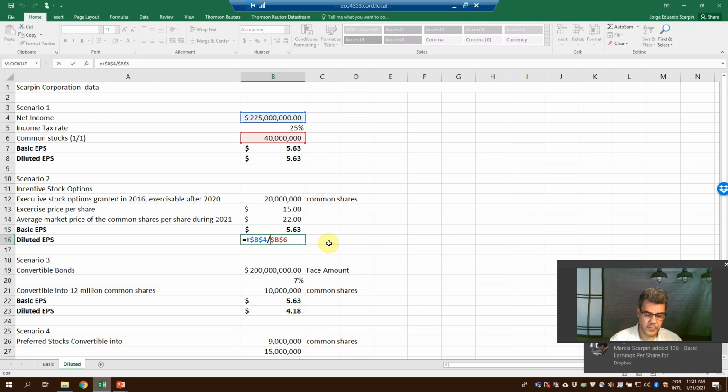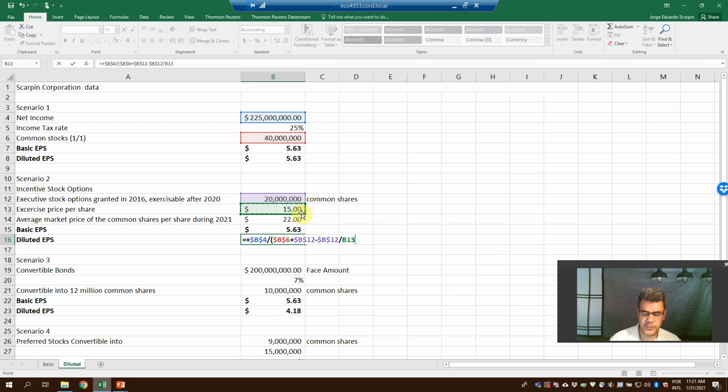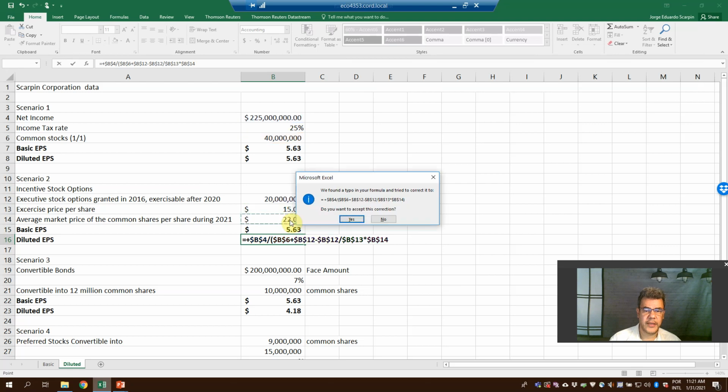In the formula, plus the common shares, let's fix it, less common shares divided by the exercise price times the average price.